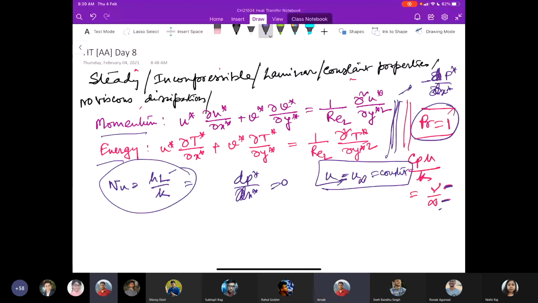Now, if you look at these two equations, you can in fact see it's quite apparent that it is exactly the same form for U star and T star. This is exactly the same form, identical, isn't it?